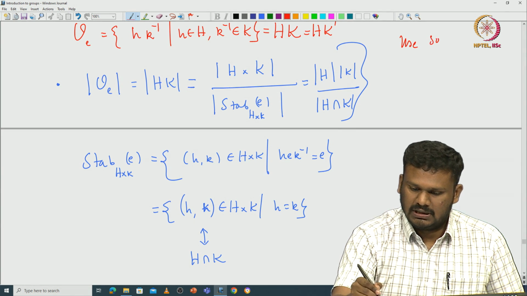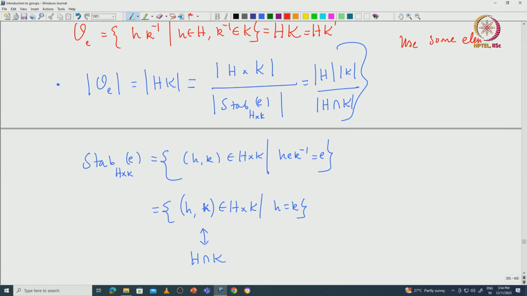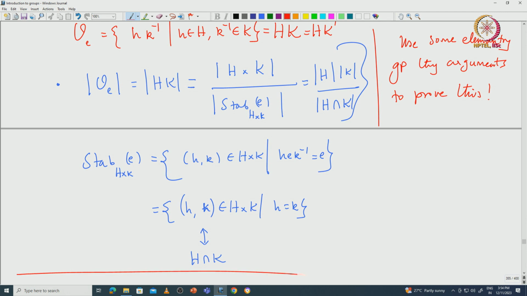Use some elementary group theory arguments to prove this. But using group actions, I just demonstrated how to prove this. So, I will stop here.